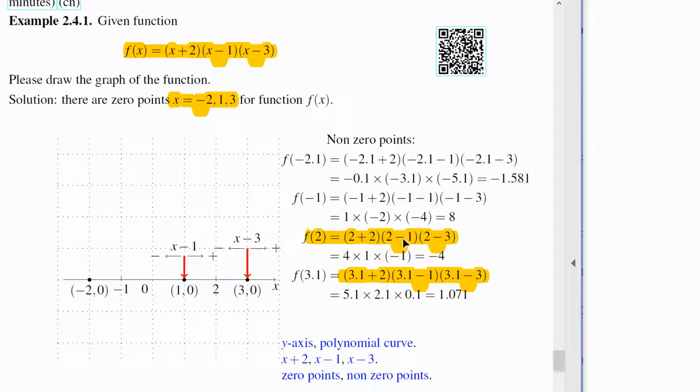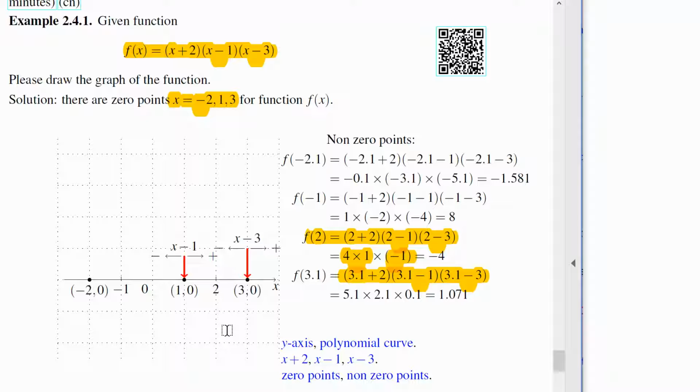The other two factors you get positive, because 2 is greater than 1 and also greater than -2. The actual calculation is right here. You get 1 negative from 2 minus 3, which is -1, and 2 positives, so you get -4. So 2 is here, and -4 is below it.